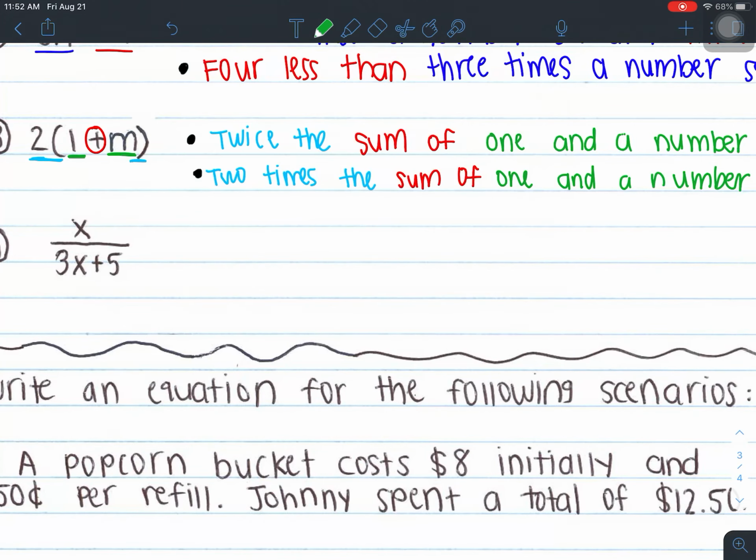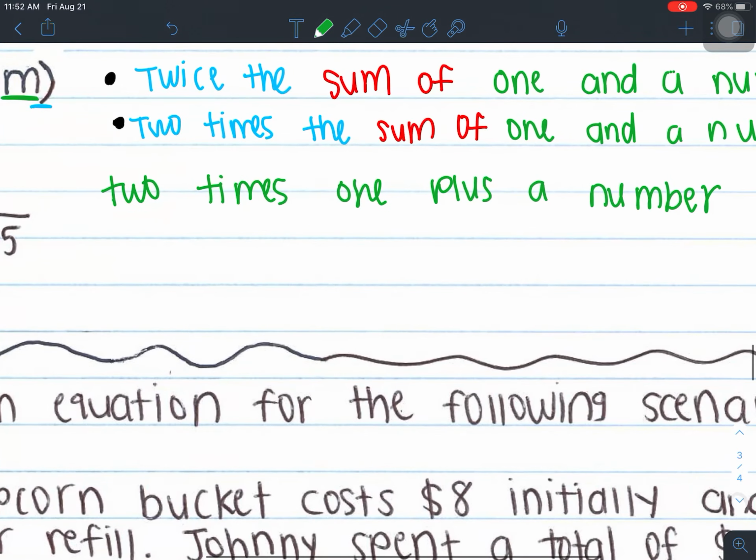Here's what you might say, but it's technically incorrect. 2 times 1 and a number, or 1 plus a number. Here's what's wrong with this.